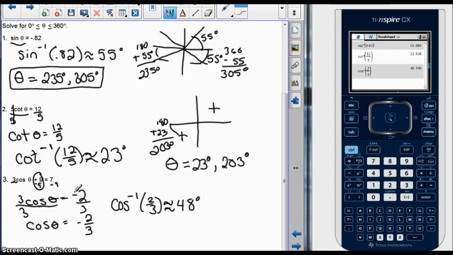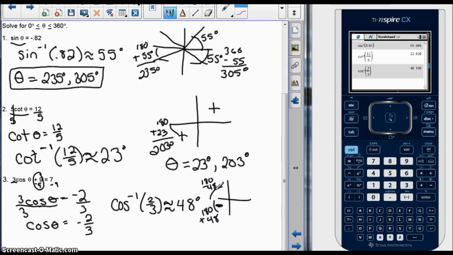But because it was negative, where is cosine negative? In the second and third quadrants. So we come back from 180, 48, so that's going to be 180 minus 48, and then down this direction is 180 plus 48.